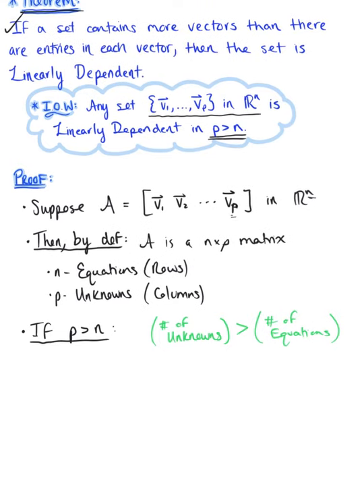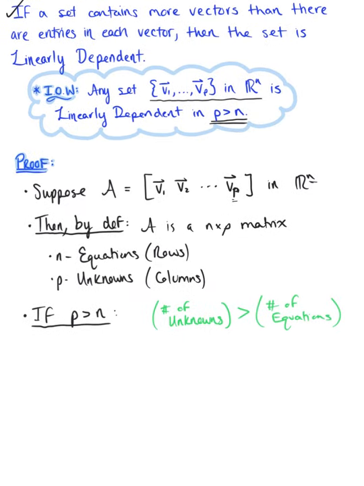Well, if the number of unknowns is greater than the number of equations, this means there has to be at least one free variable. So at least one free variable must exist.